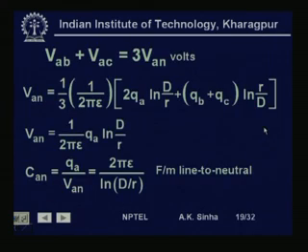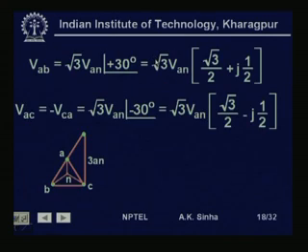So, now if we add these two voltages VAB plus VAC, we get this as equal to 3 times VAN. That is, if we add these two, the plus j half and minus j half will cancel out, and we have got 2 times root 3 by 2 into root 3 times VAN.